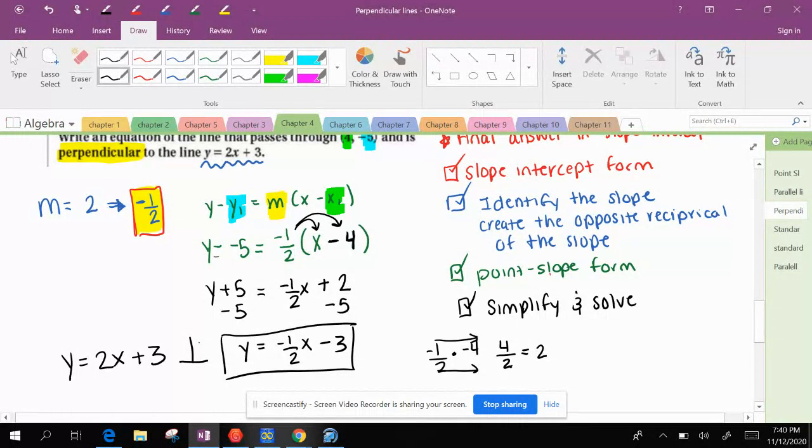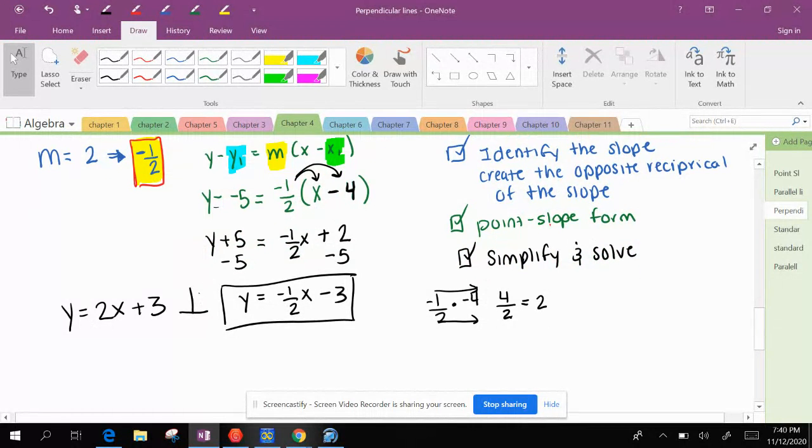It just so happens that their y-intercepts are also the opposite sign. That doesn't always happen, so I don't want you to just make note of that. All that matters is that the slopes are opposite reciprocals.